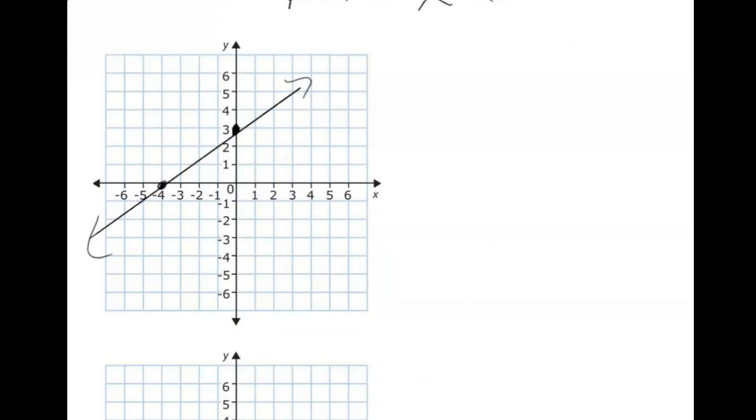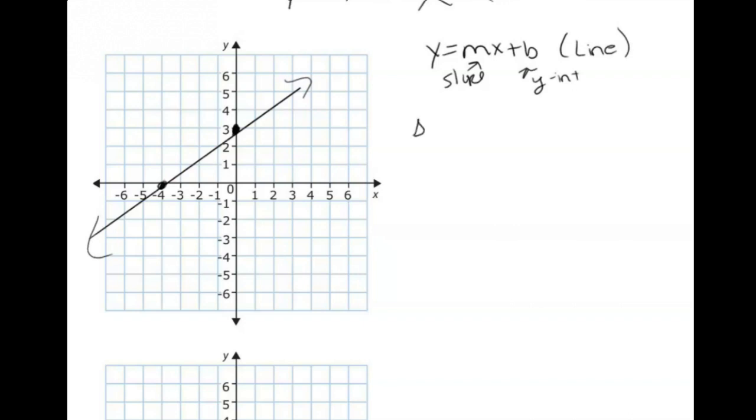All right, now what happens if you're looking at a graph? So here they want us to write the slope-intercept form of the equation for this line. So everything in this form, y equals mx plus b, is a line. So remember, we need the slope and the y-intercept in order to be able to write this, right? So we can use what we learned last section to find the slope.